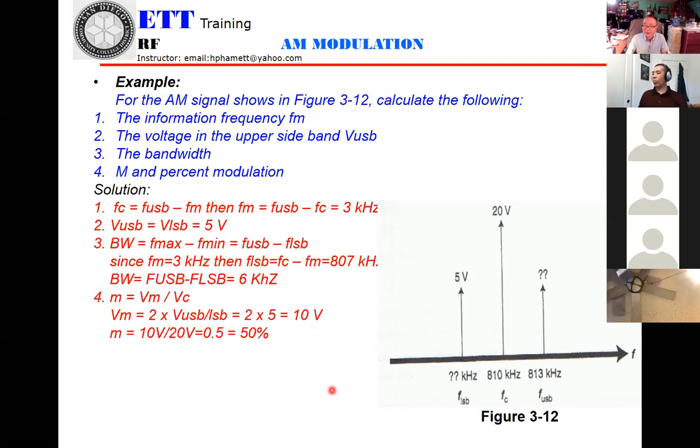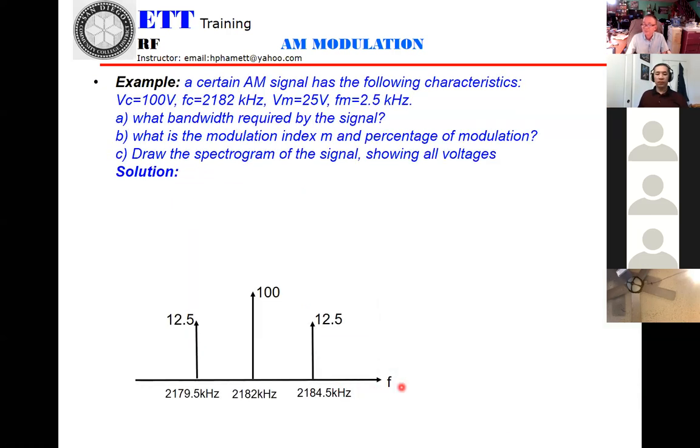Okay, so we go to the next page. Now you do this page for me. A certain AM signal has VC 100 volt, FC 2182K, VM 25 volt, FM 2.5K.